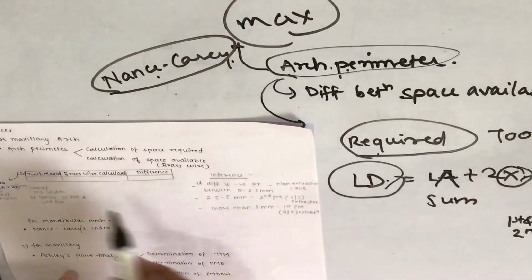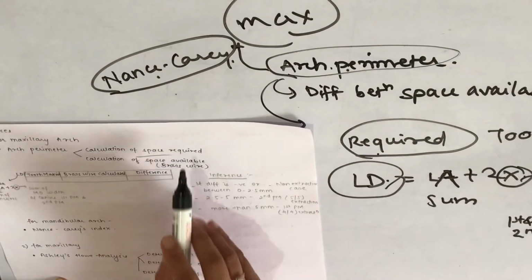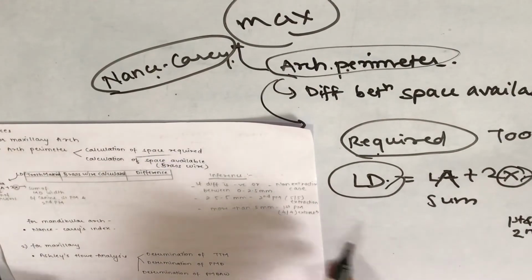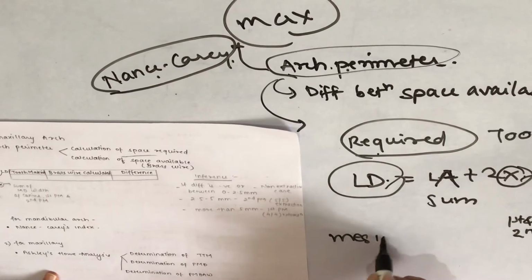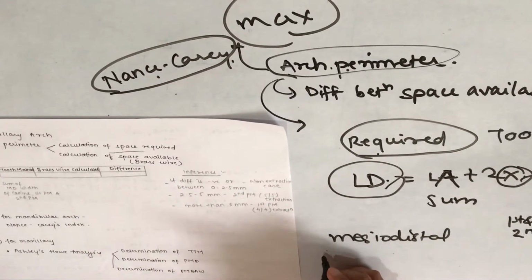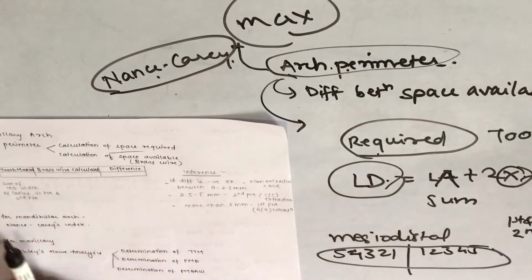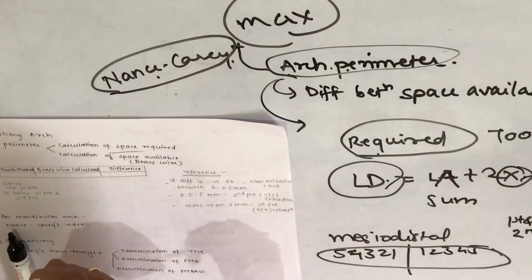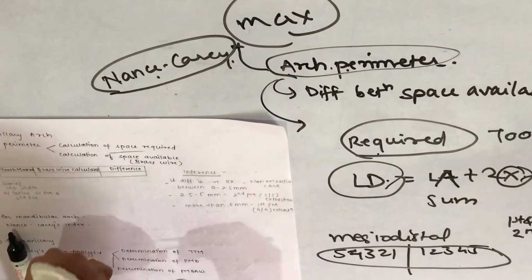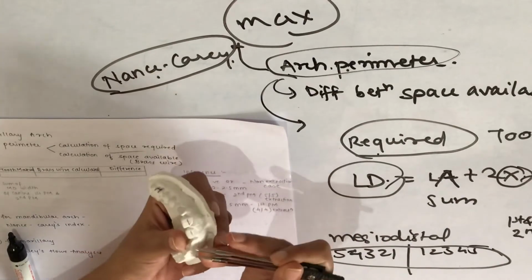Basically the total tooth material, or the calculation of the space which is required, means you calculate the mesiodistal width of all the teeth which are mesial to the molar. So you're going to measure the mesiodistal width of all these 10 teeth. So first, this is 10 mm, this is 10 mm.